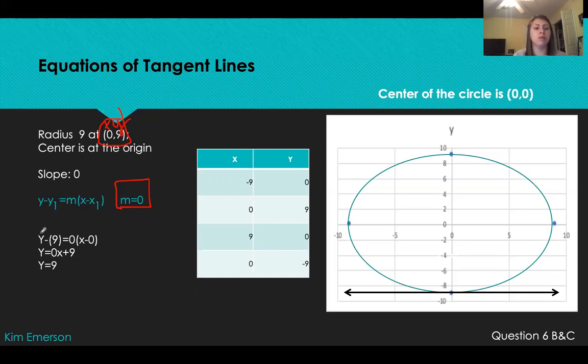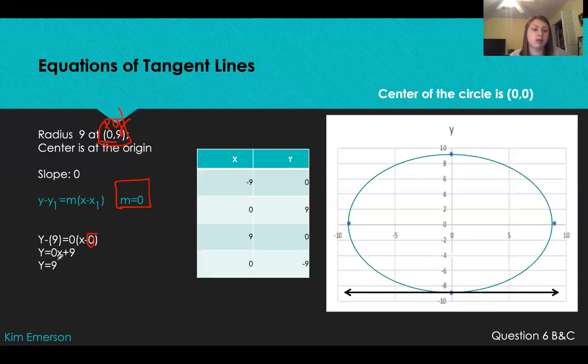So y minus, and then it's positive, so put it in parentheses. You don't really have to. I just like putting stuff in parentheses because I know that I inserted that, and I know that's supposed to represent something. So that represents y1 right there, equals 0 times x minus 0. Well, we're getting this minus 0 right here from our x1, which is the 0 up here.